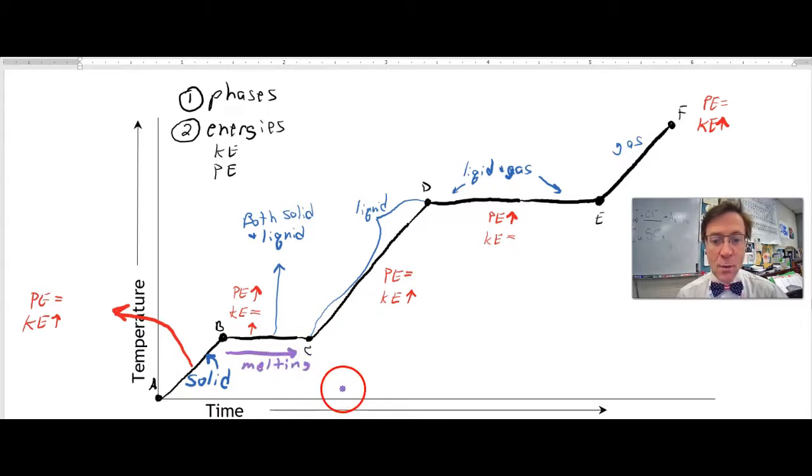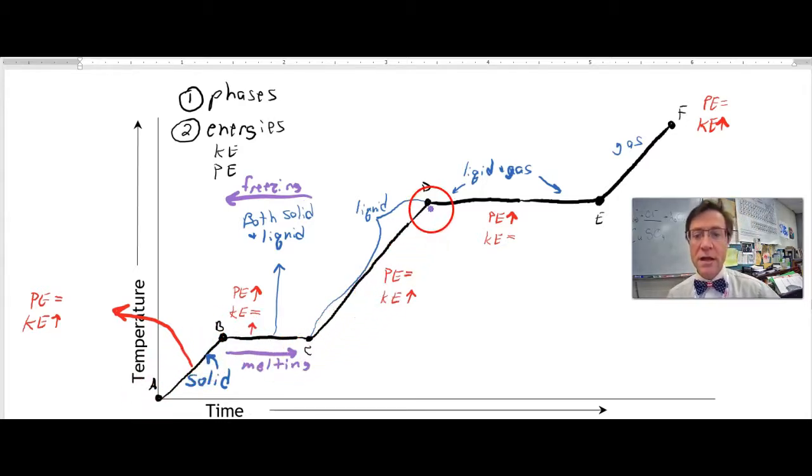However, if we're going this way, up here, that's freezing, if we go from liquid to a solid. So solid, we melt, now we have a liquid. As we change from a liquid going this way to a gas, I'm going to call that one vapor, or let's just call it boiling, because it's easy.